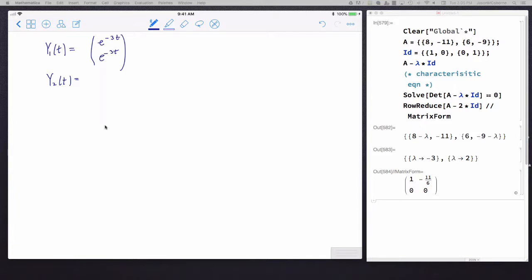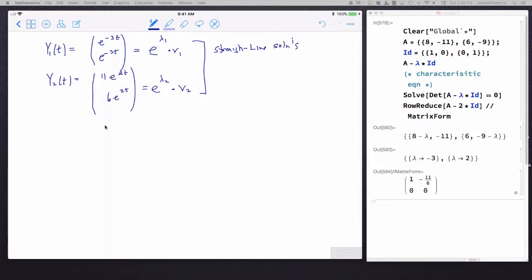That was for the eigenvalue -3. The second straight line solution was 11 e to the 2t, 6 e to the 2t. Both of these are of the form e to the lambda 1 t times the first eigenvector, and e to the lambda 2 t times the second eigenvector. These are your two straight line solutions.